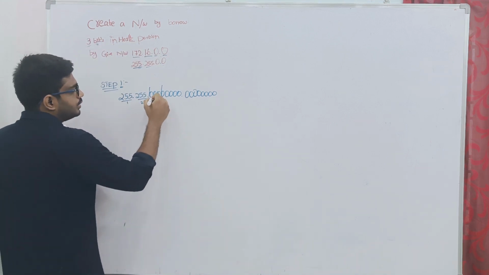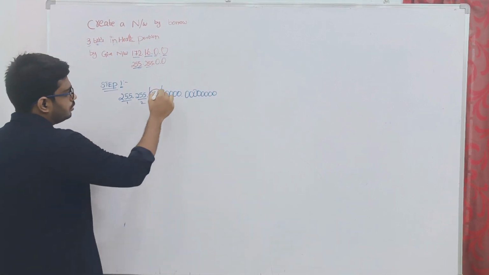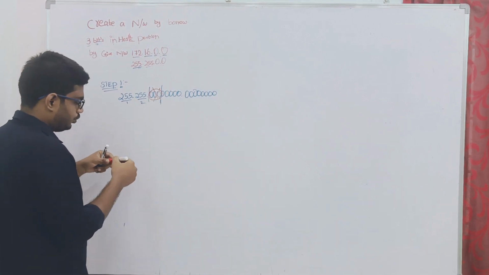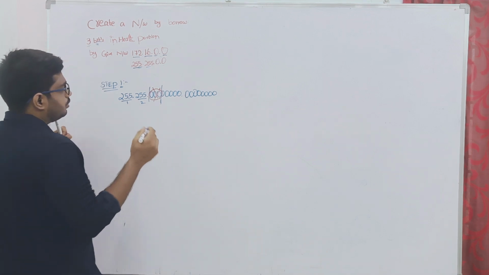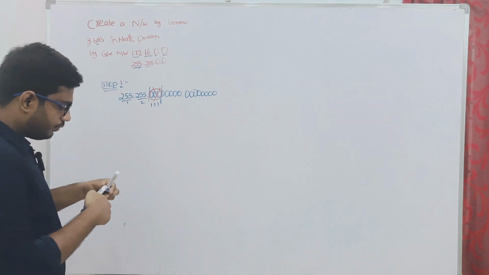Just ignore these 3 bits for now. So what do I write here? You convert these zeros into ones: 1, 1, 1. Now what will you do?